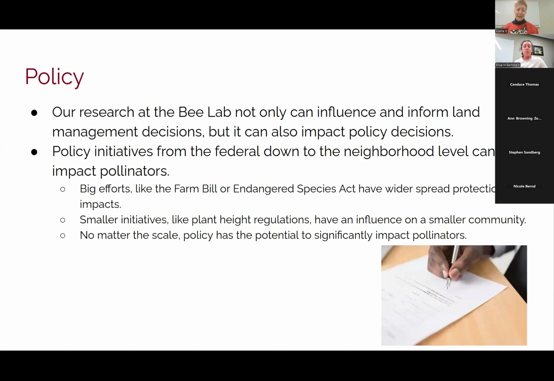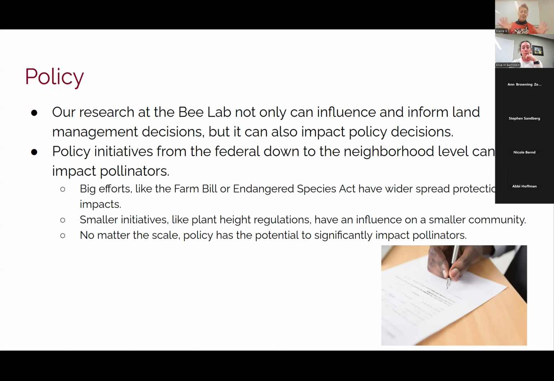We also wanted to get something in there on policy. Our research at the Bee Lab can influence and inform land management decisions and also policy decisions. There are all kinds of different levels of policy that can impact pollinators, from federal, state, city, county organizations, even neighborhood levels.